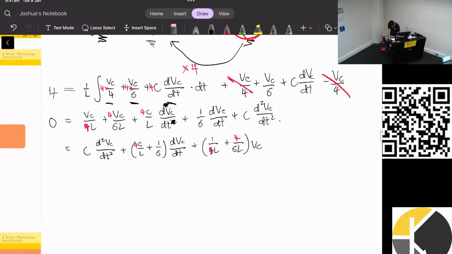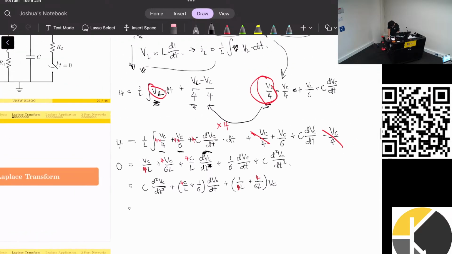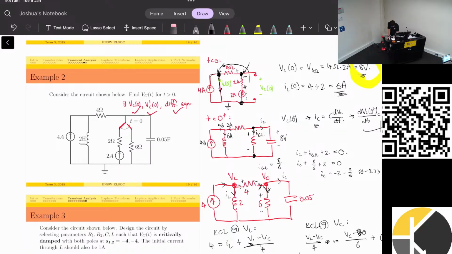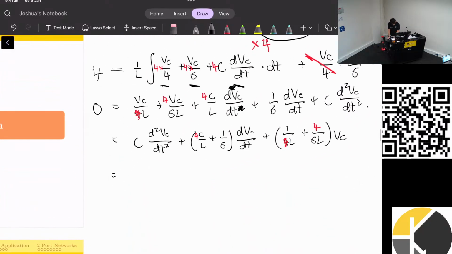So now I'll sub in all my values. I'll sub in L is 2 and C is 0.05. And that will give me d squared VC on dt squared plus 16 on 3 dVC on dt plus 50 on 3 VC, and that equals 0.